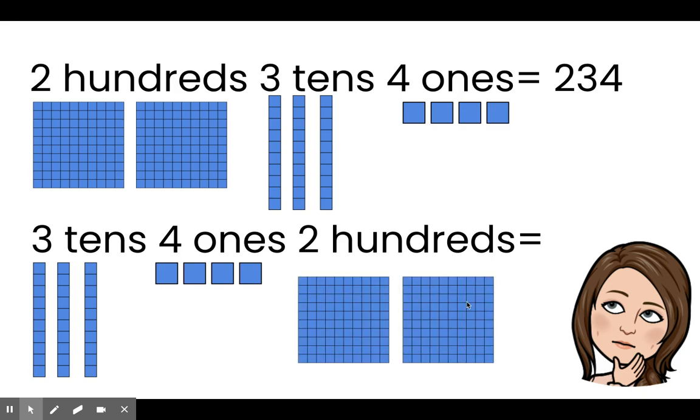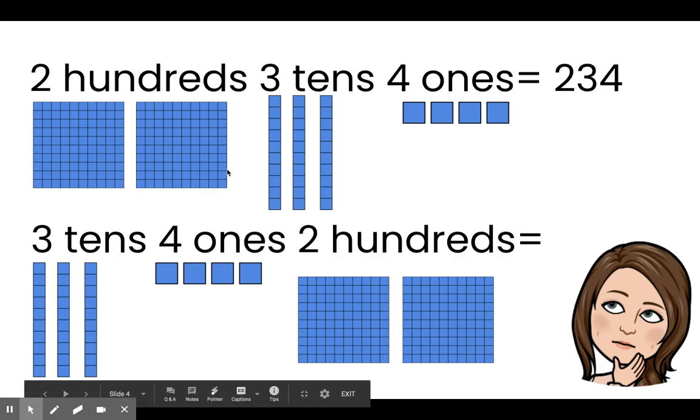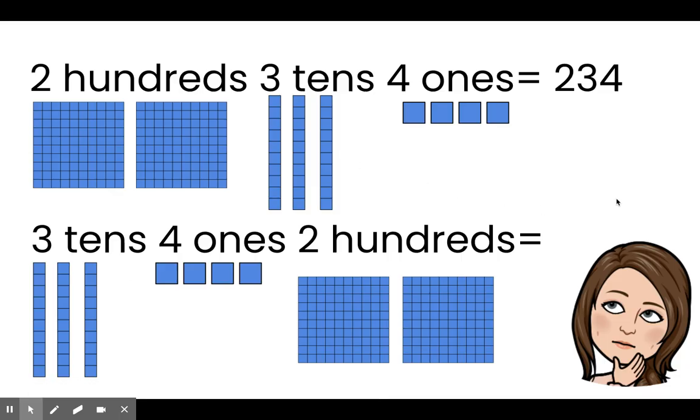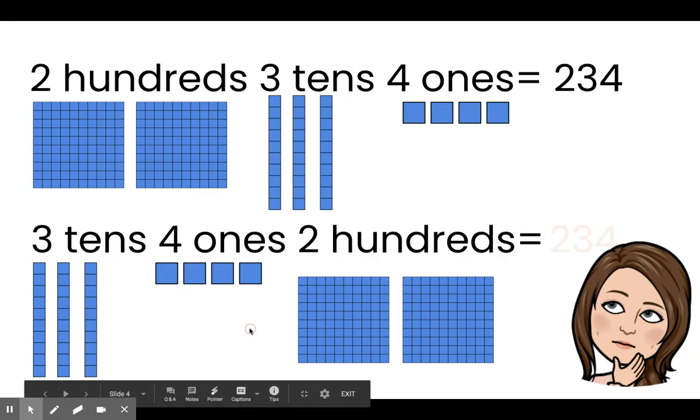It looks like my blocks match up. Here's 2 hundreds, 4 ones, and 3 tens. They're just not in the same order. But I know that 3 tens, 4 ones, and 2 hundreds is still 234. They equal the exact same, even though when I wrote it out in unit form, it wasn't written in the same order.